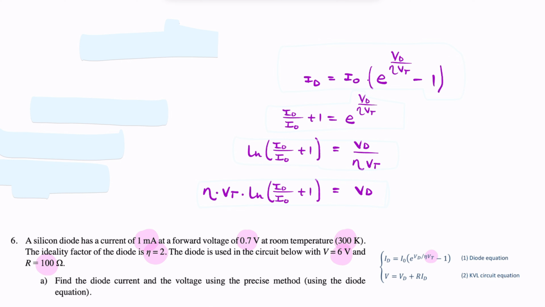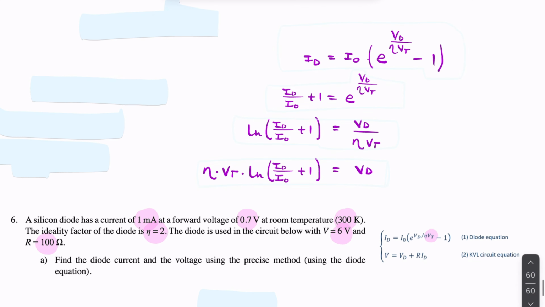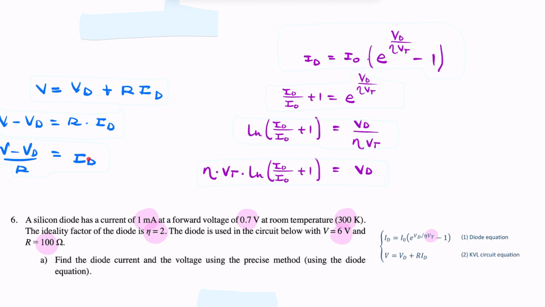So we're going to need that equation. Let's also rearrange the other equation to find ID. You would subtract VD from both sides and then divide by R. That will give you an equation for ID. So basically, we're rearranging both of these equations to get the two things that we need.